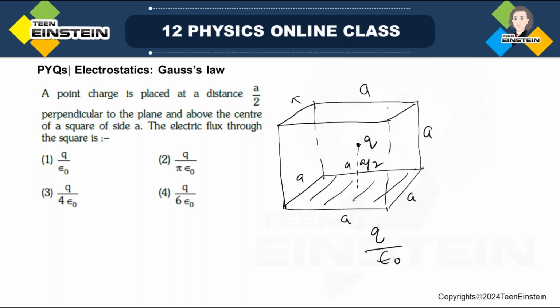If I draw the field lines, they go equally through all the surfaces. That's why the total flux Q by epsilon naught is equally shared by all the surfaces. So the flux through each surface will be 1/6 of the total flux. So option 4 will be the correct answer for this question. This is a very simple question, but you have to understand and apply the concept.